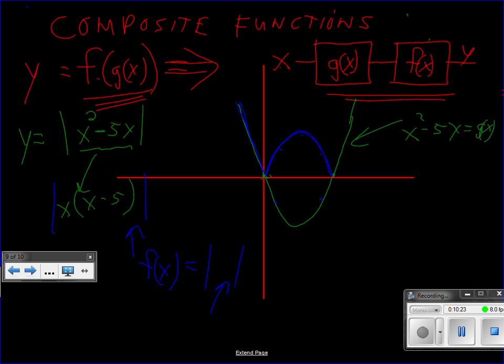And then, of course, notice this function, after 5, this is 5, right? This is 0. And when x is greater than 5, the absolute value does nothing. So there we go in blue. There's a composite function right here in blue. This is the function x squared minus 5x.